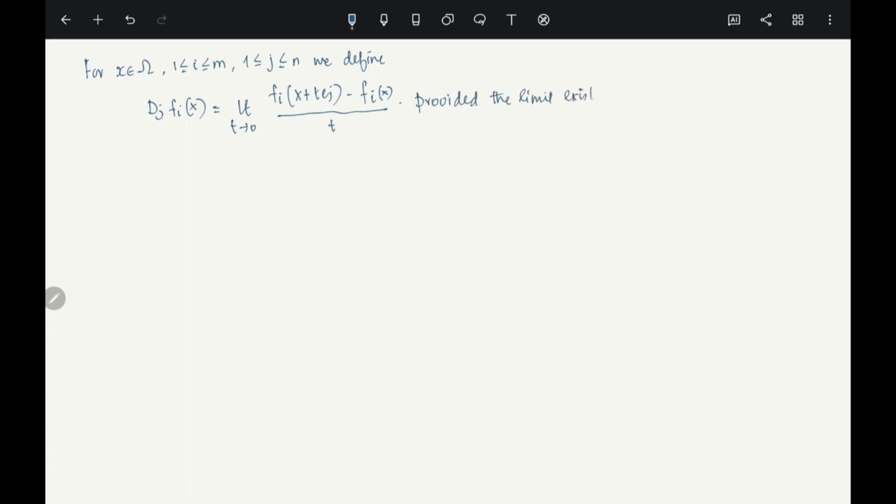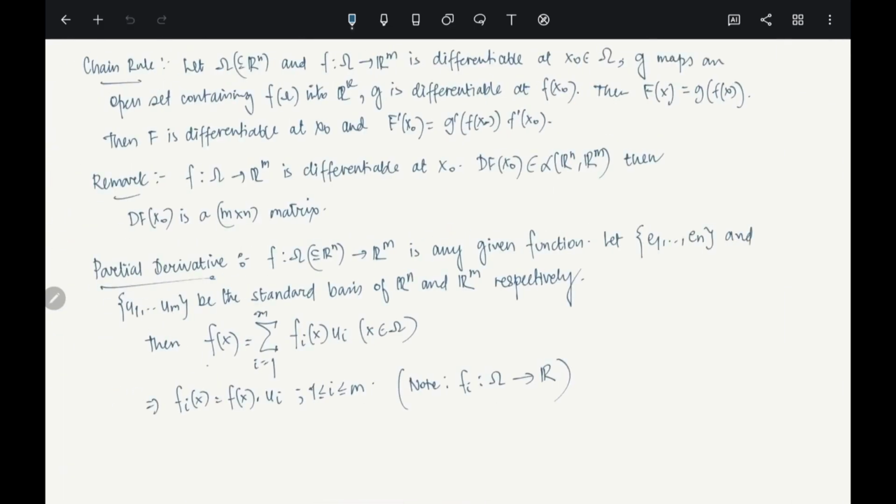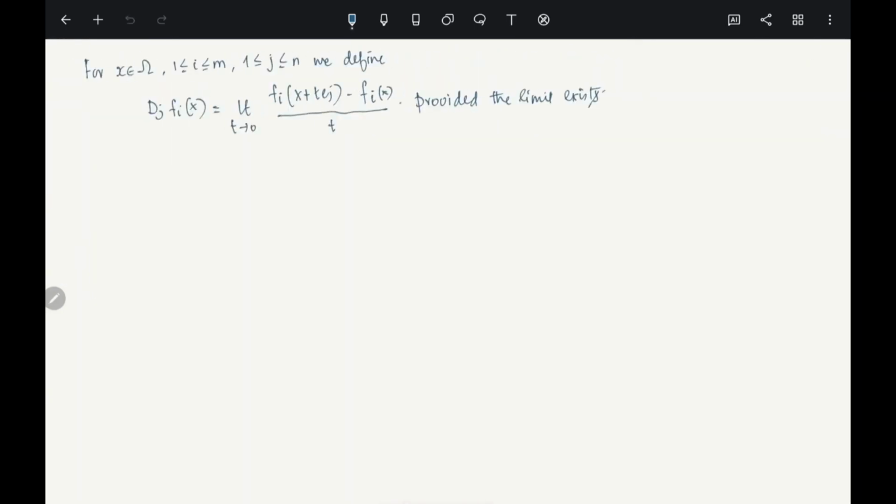What I am doing is this: first of all, for a given f, I break that f up into components, and each component is nothing but a real valued function, and for a real valued function I am defining, so this is my definition, the derivative of a real valued function in the jth direction. Think of it like the first order derivative in a particular direction, in a one dimensional case.